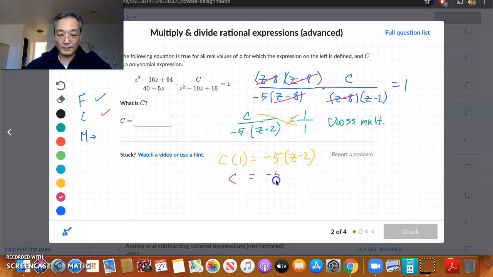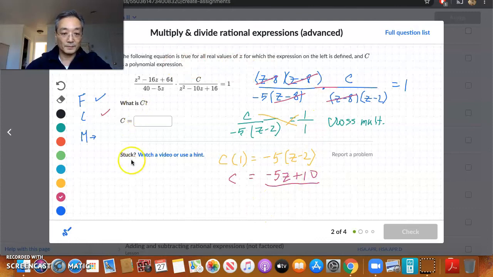It's negative 5z plus 10. Or you could just leave it like this. Either way, the answer should be correct. Let me erase that. That's very messy. There we go. So that should be our final answer, negative 5z plus 10.